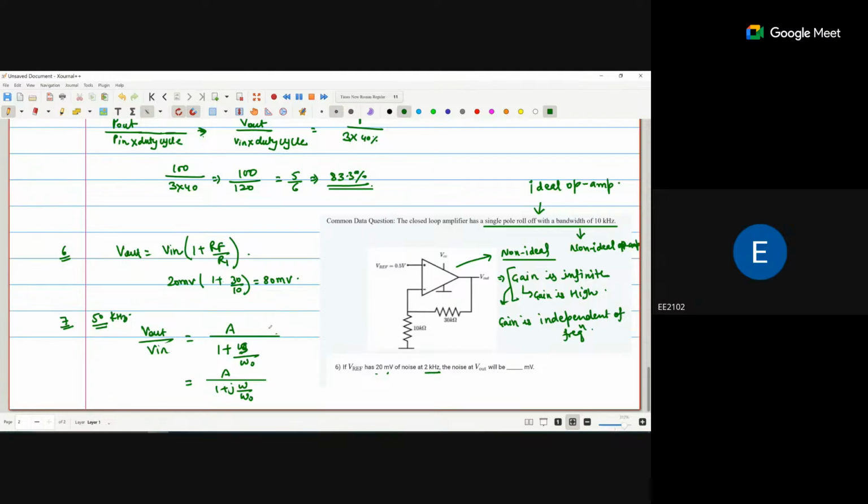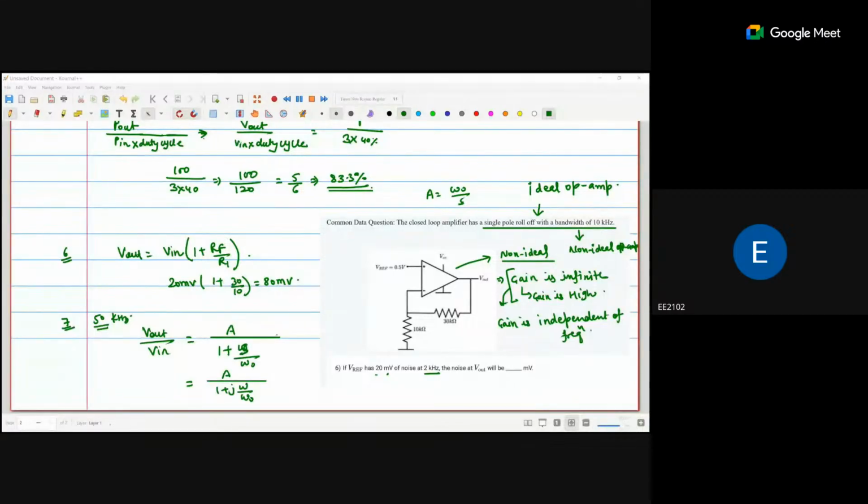Now what is omega naught? If you remember, the gain A is omega naught by s. Which one is omega and which one is omega naught? 10 is omega naught. Now put the value.